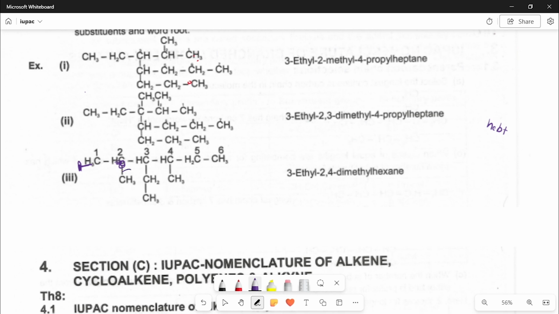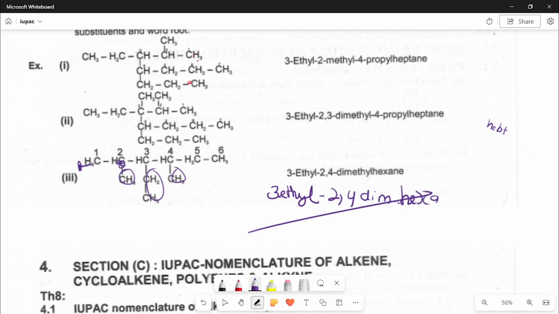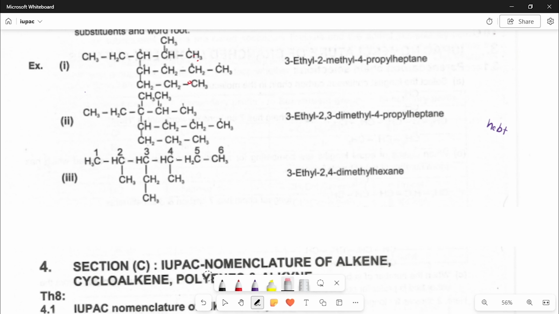Now there are 2 methyls and 1 ethyl. Ethyl comes first in the alphabetical order, so 3-ethyl, 2,4-dimethyl, and since it's hex, hexane. See, that's easy. Basically you're done with half of it. That's the most part which is going to come in your exam. Okay, so let's move.